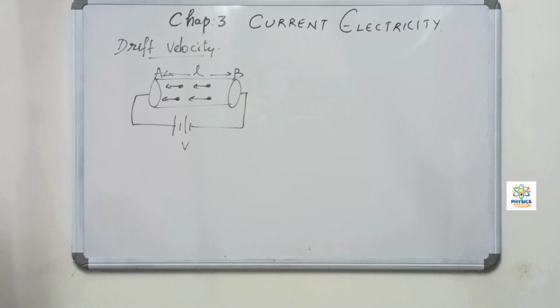Here the average velocity with which electrons are drifted under the influence of electric field is said to be drift velocity. So drift velocity means the average velocity with which electrons are drifted under the influence of electric field. Here we have to derive the relation of drift velocity.